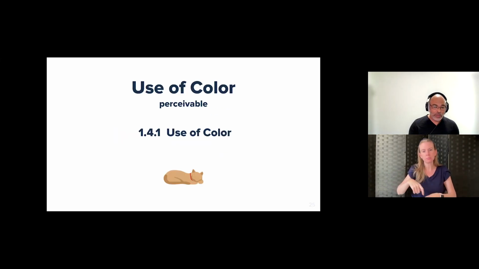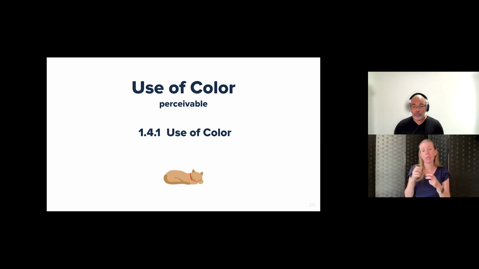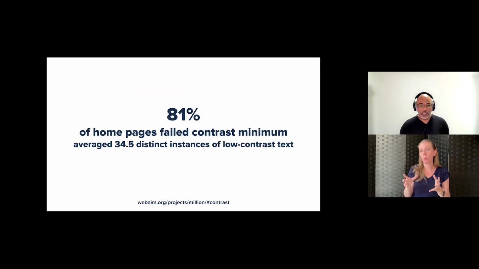So let's start with use of color. Use of color can be a problem in many ways because what we don't want to do is use color as the only means to convey context or meaning.